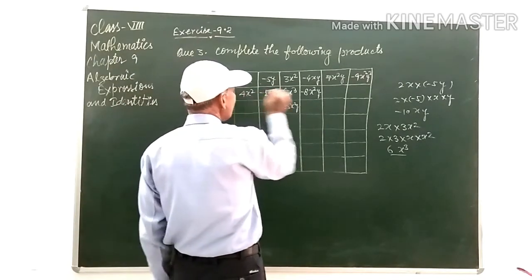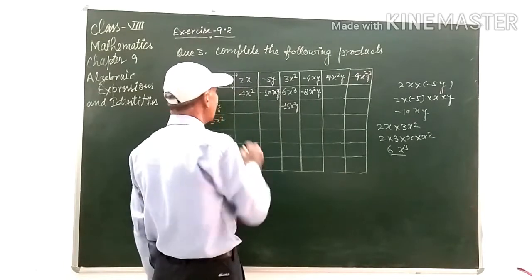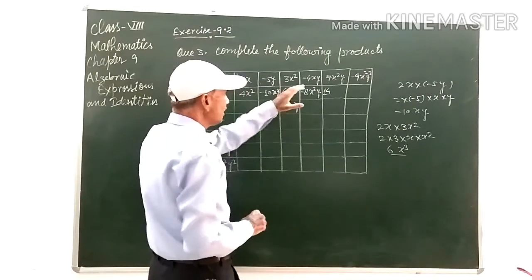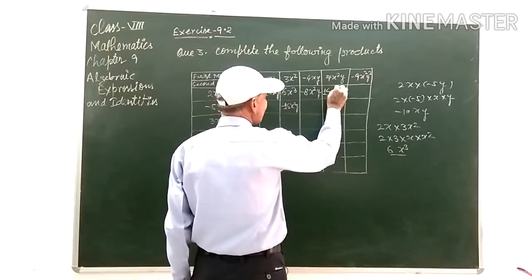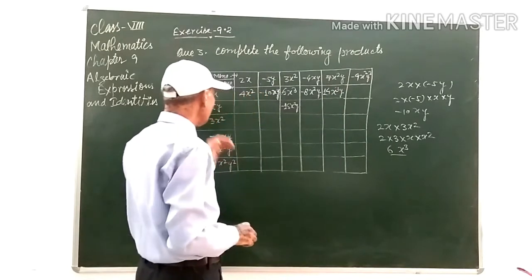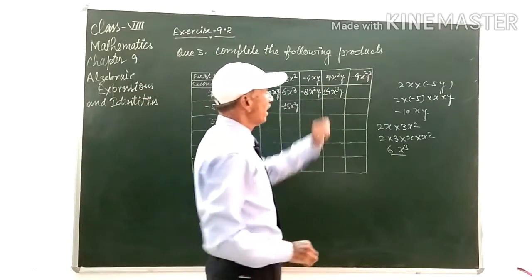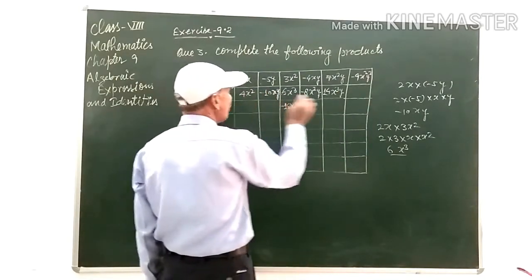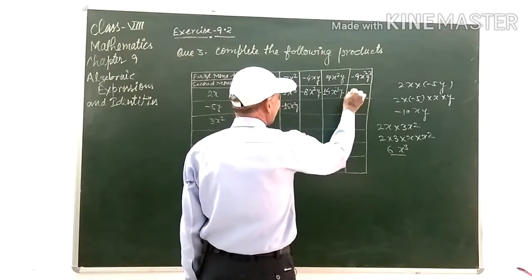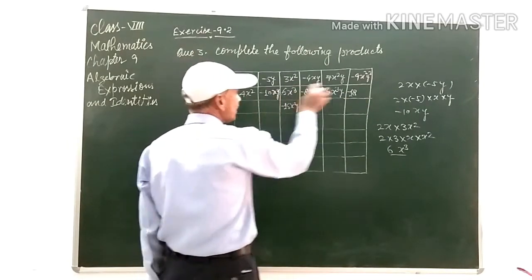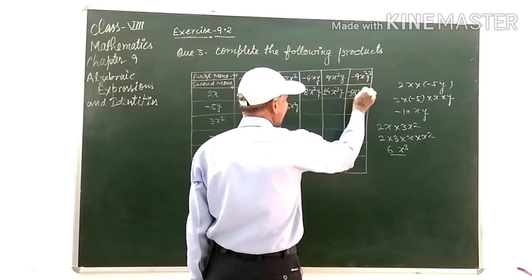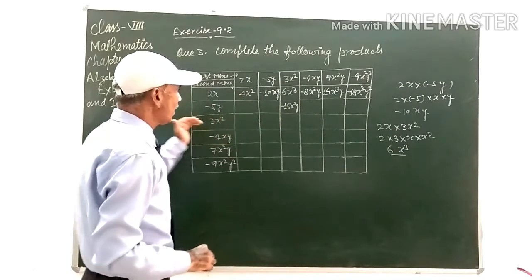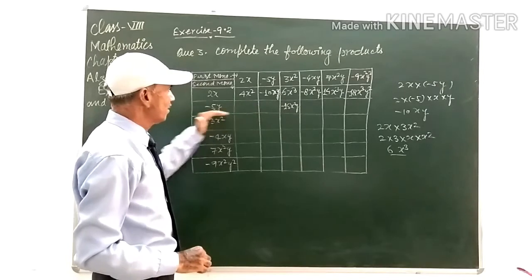In this 2x into 7x square y, 2 7s are 14, and x into x square, that is x cube y. 2x into minus 9x square y square, minus 9 2s are minus 18, and this one x and x square, that will be x cube and y square. Okay, students? So complete the second row.